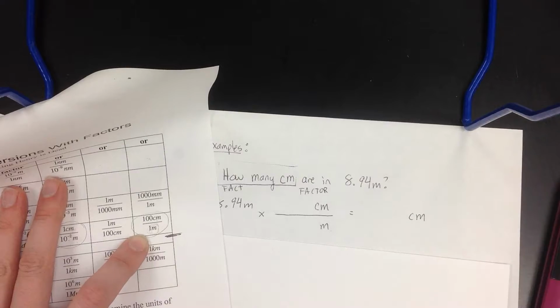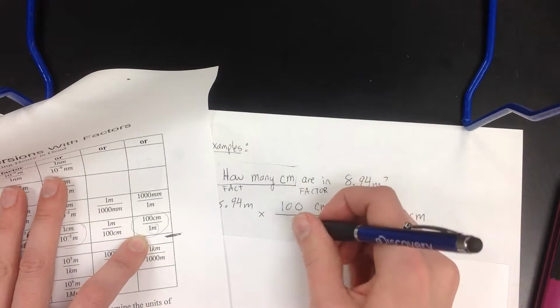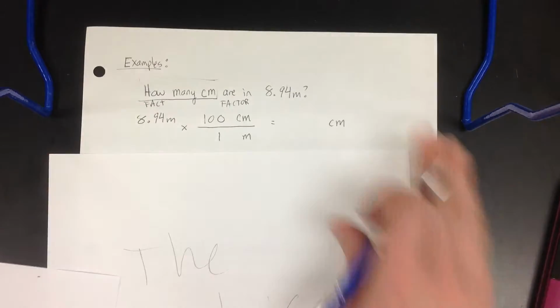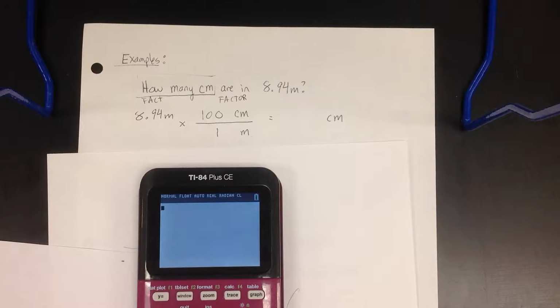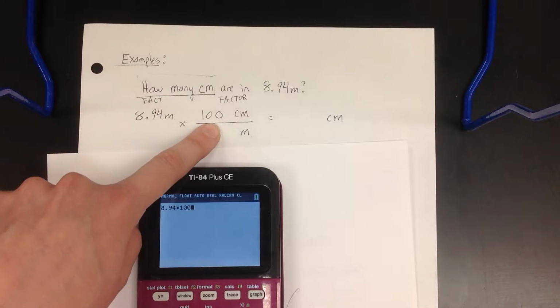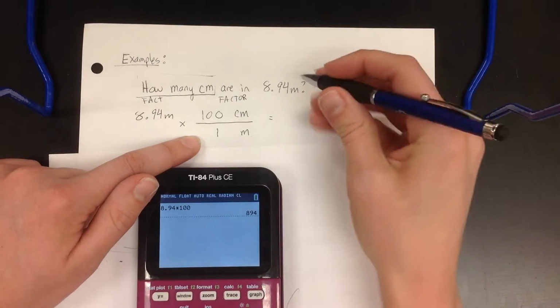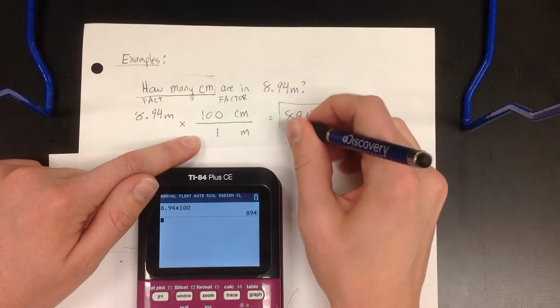My 100 centi is on top and my 1 meter on the bottom. So when I plug this into my calculator, I'm simply going to go 8.94 times 100, because those two are on the top, divided by 1 won't change anything, equals, I get 894 centimeters.